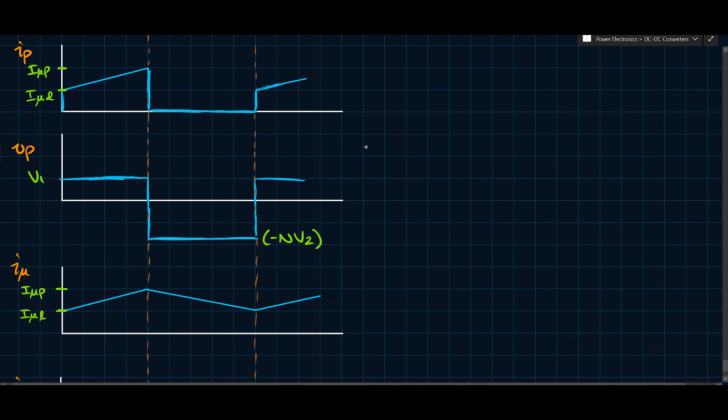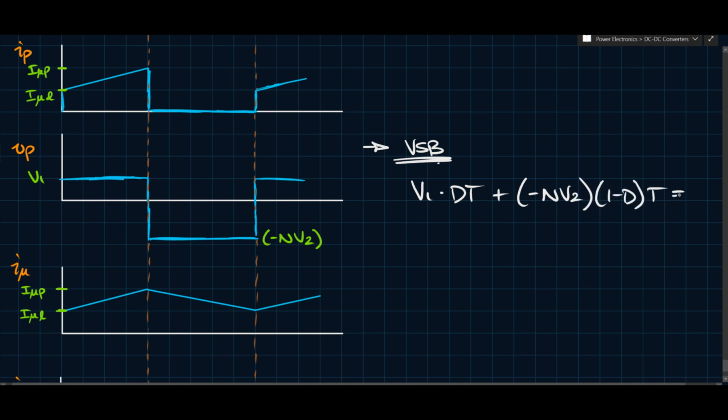So we're going to apply the volt-second balance to this VP, because VP is the voltage across L mu, essentially. And so what we have here is V1 times dT plus minus nV2 times (1 minus d)T equals 0.